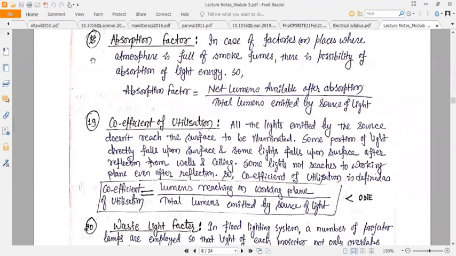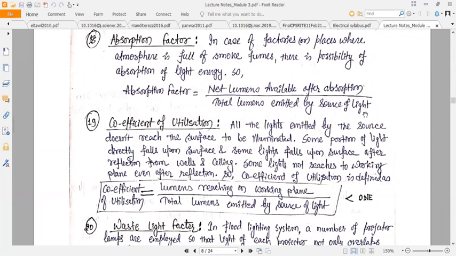So this absorption factor is defined as the ratio of the net lumens available after absorption of the light, that is, whatever lumens reach the particular object through that atmosphere, divided by the total lumens emitted by the source of light.